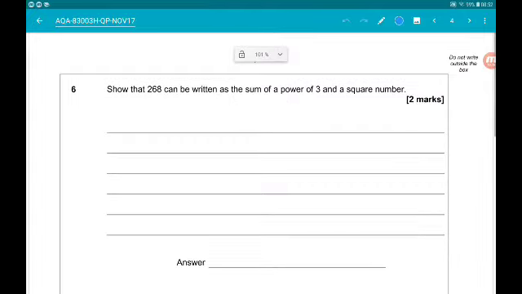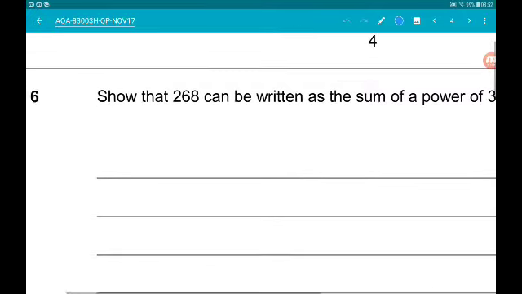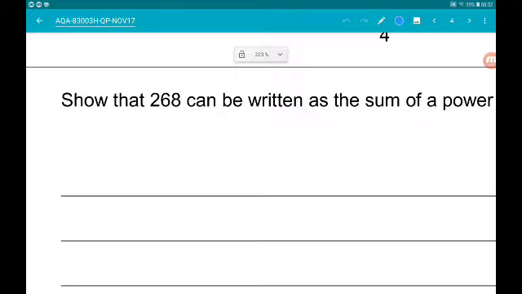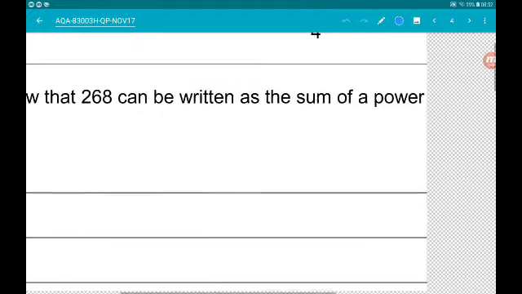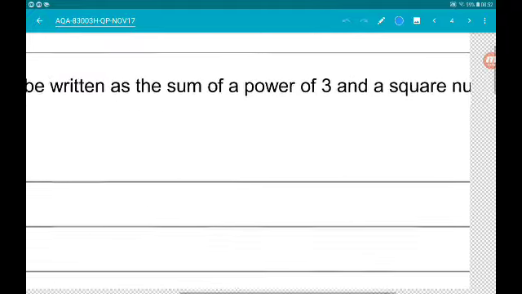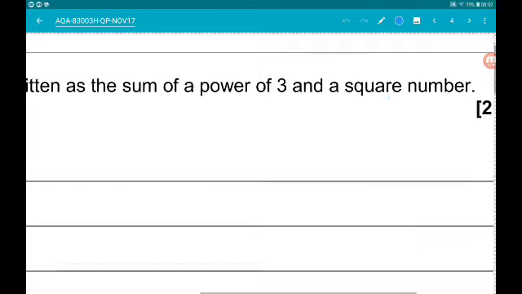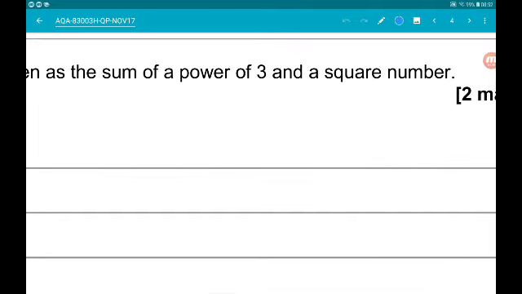Okay, question 6. Wants us to show that 268 can be written as the sum of a power of 3 and a square number. So, sum means to add together. A power of 3 means 3 to a certain power, and a square number means a square number.